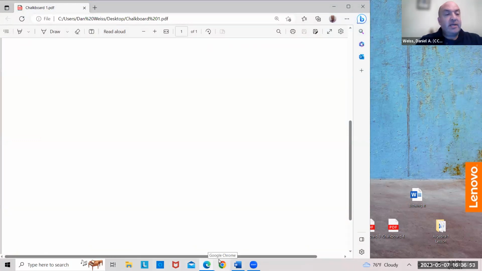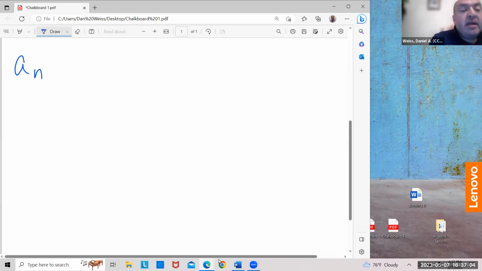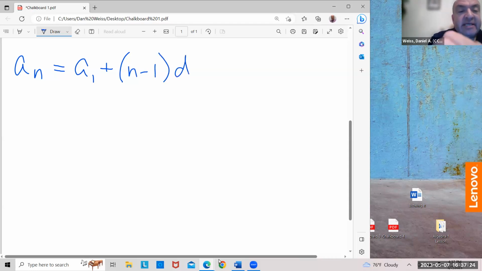You're going to need this. N is the number of terms there are. AN is the last term. I'll explain what that means more in a second. AN equals A1 plus N minus 1 times D.